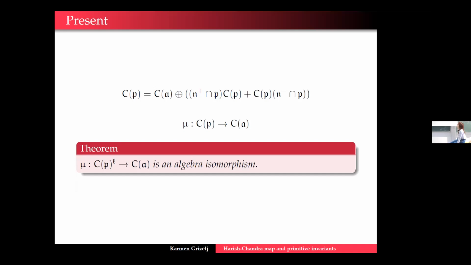And again, this map is not a homomorphism, but I'm proud to say that I managed to prove that if we restrict to K invariants, we actually get an algebra isomorphism.